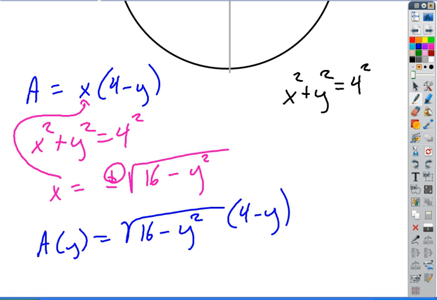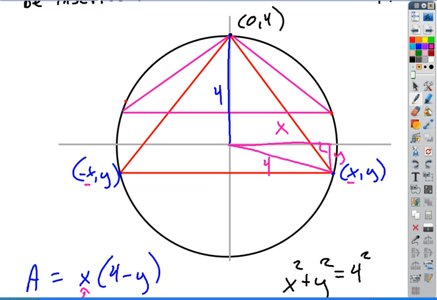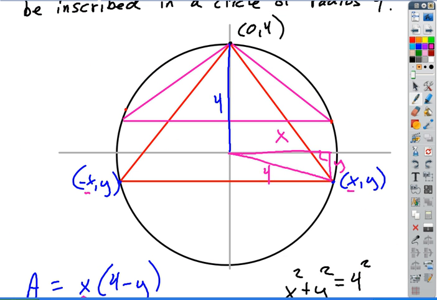The height of this thing then would be, now we have to interpret this. The height is 4 minus y, right? So the height would be 4 minus -2, which is 6, right? And the width would equal 2 times x, and x we said was the square root of 12.